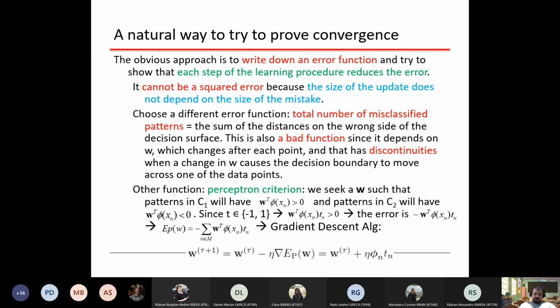Since we have an online way of updating the weights, it means that after seeing each point, the position of W will change.